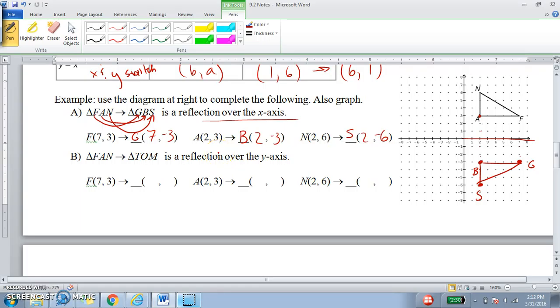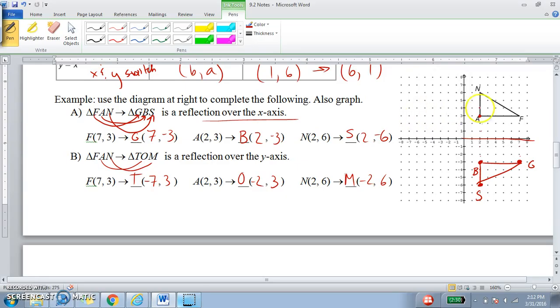Okay, same thing for the y. So F is going to turn into T, A is going to turn into O, N is going to turn into M. And if we reflect over the y-axis, now the x switches, so this becomes -7, the +3 stays, -2, +3 stays, and -2, +6 stays.